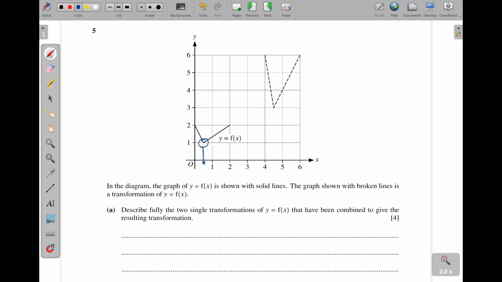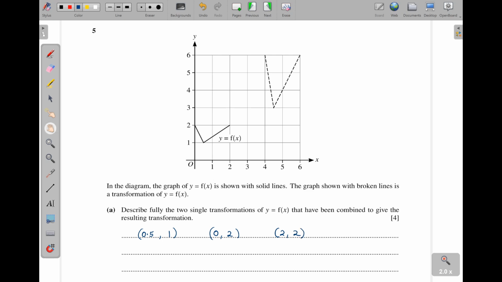Another point is 0, 2. Now, this other one is 2, 2.